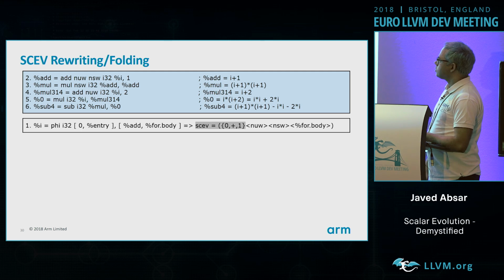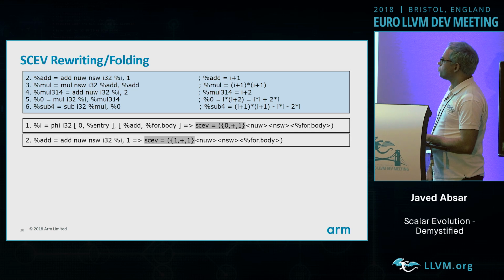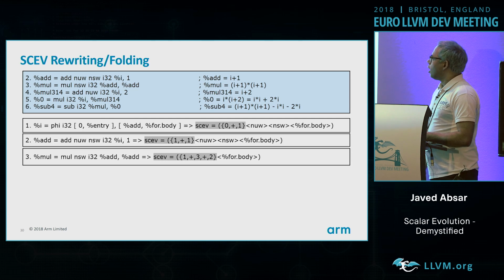So it computes this SCEV for I, which is just a simple loop induction variable. It starts with 0 and increments by 1. It folds 1 into I, so I plus 1 would simply be the base increasing by 1. It's just applying the rules. I plus 1 whole square gives you a chain recurrence.